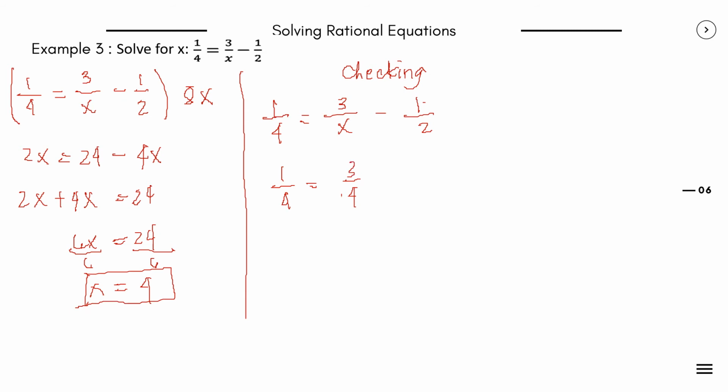So, 3 minus 1/2. Okay, simplify the whole equation. So, dito, ang LCD niya is 4. 4 divided by 4 is 1, times 3 is 3. Minus 3 divided by 2. So, that's gonna be 2 times 1 is 2.